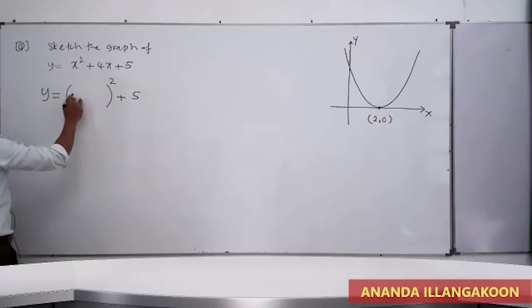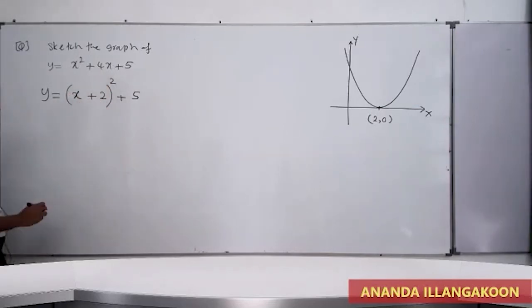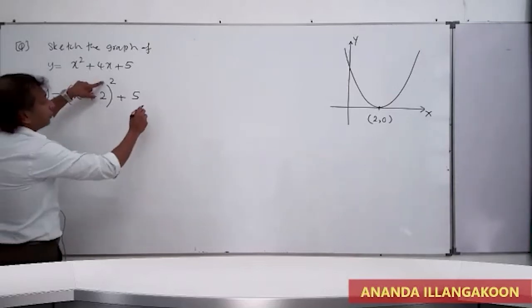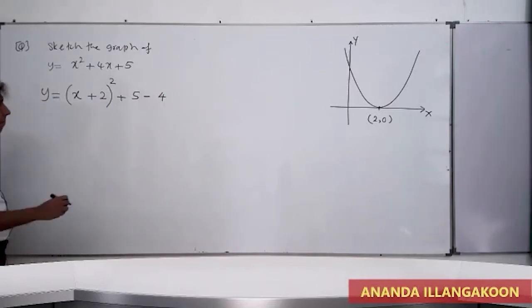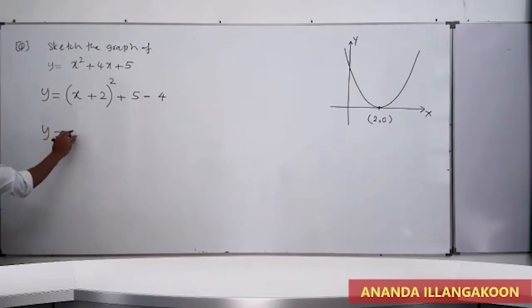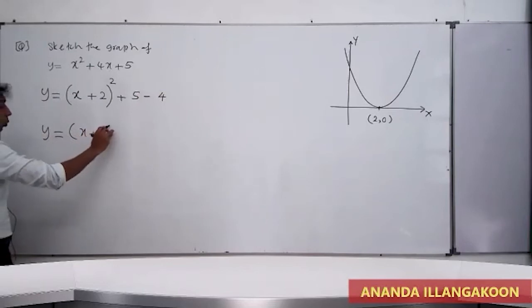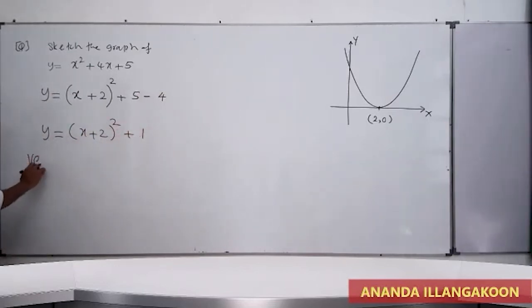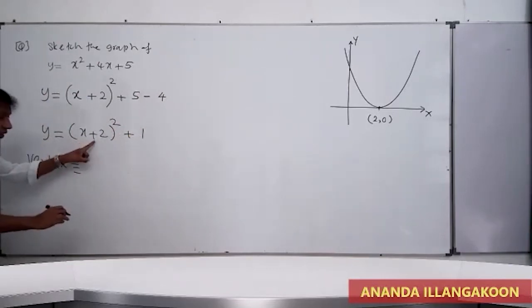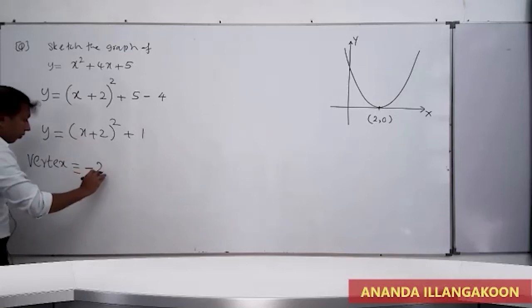From this x squared, we write only x. We divide the x coefficient by 2. What do you do now, people? The square of this 2 is 4, so we subtract that 4. Then we get y equals (x plus 2) perfect square plus 1. The vertex we can write by changing the sign: this 2 opposite, minus 2, and plus 1.